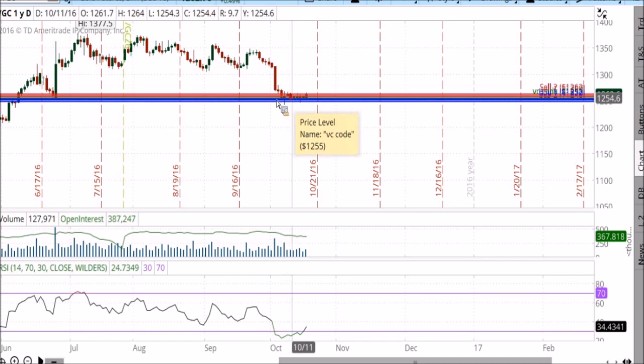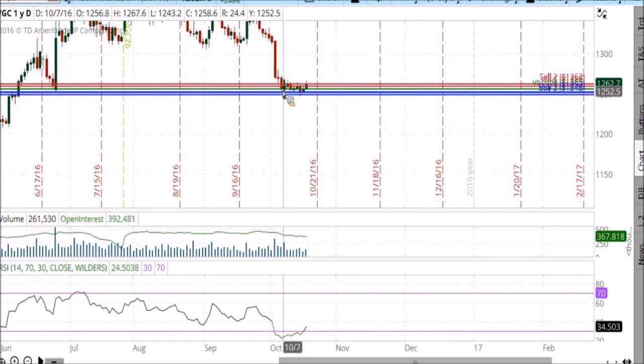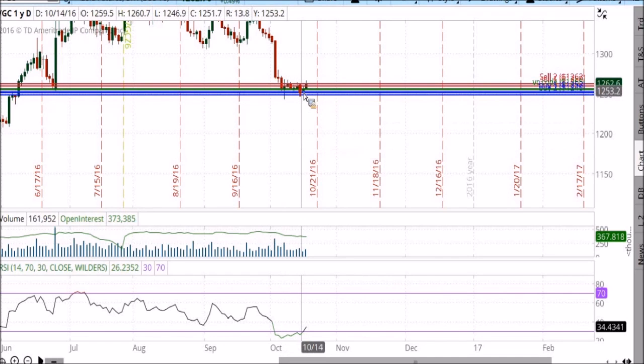And as you can see here, the price action seems to be validating and confirming that what we're looking at potentially is a 90-day cycle bottom, number one.